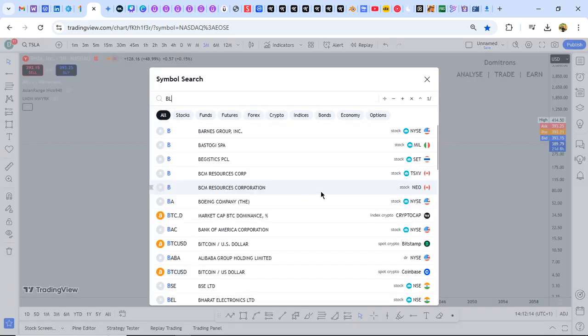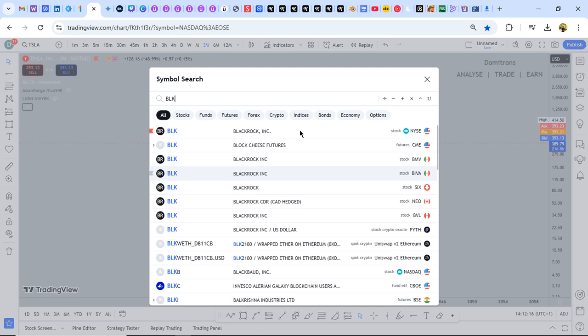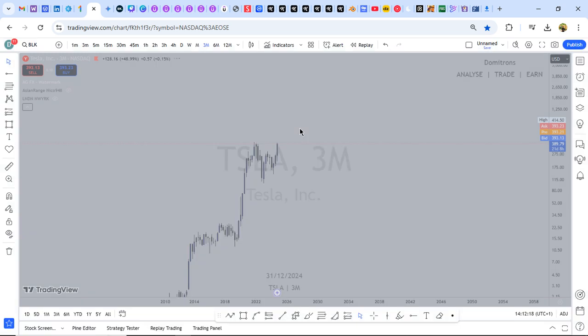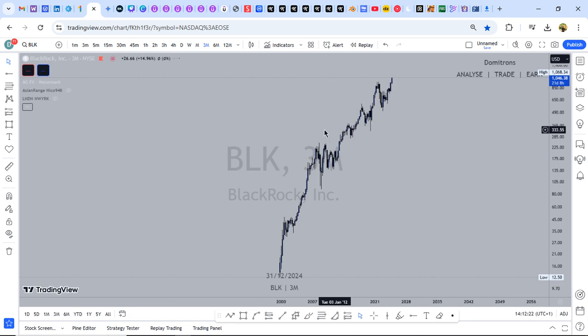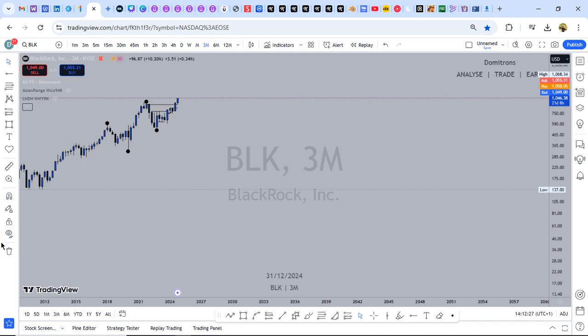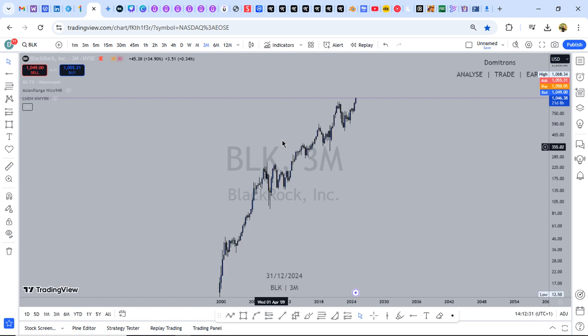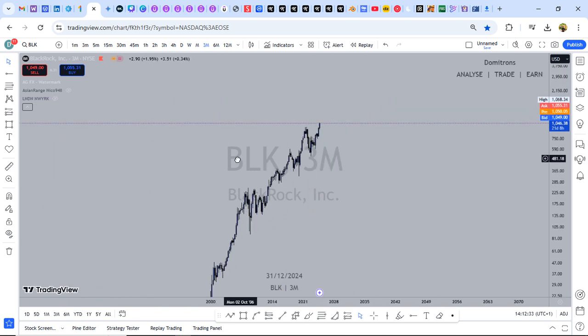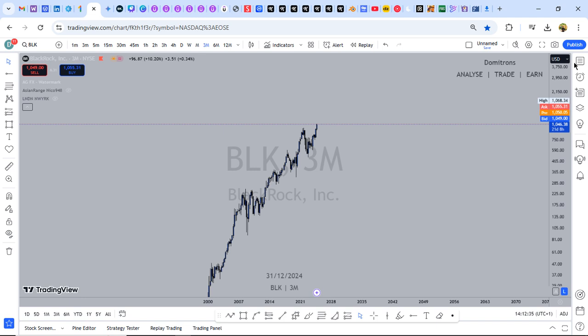And one marvelous thing is BlackRock, my favorite stock. You can actually see it maintaining a bullish move as long as the S&P 500 is doing well. It goes alongside the S&P 500. For Tesla, as long as the Nasdaq is doing perfectly well, then we'll be expecting it to do perfectly well.